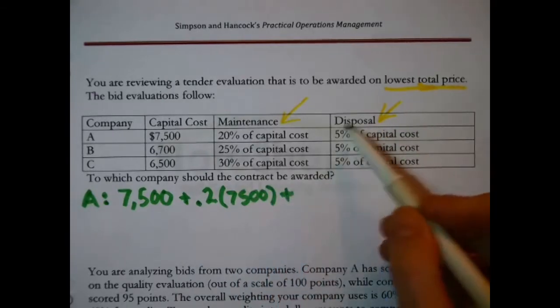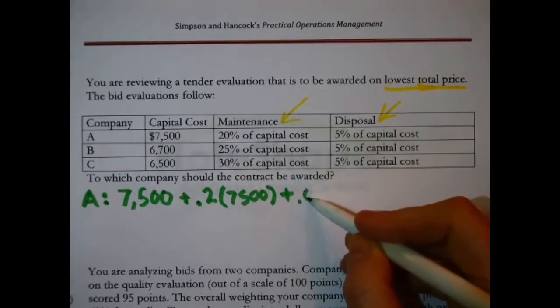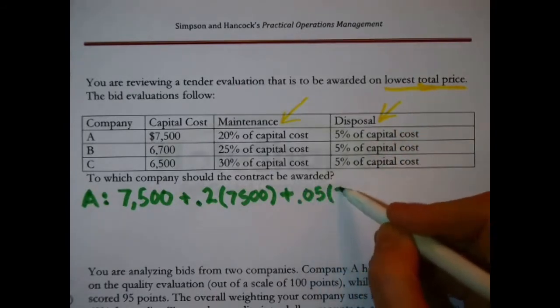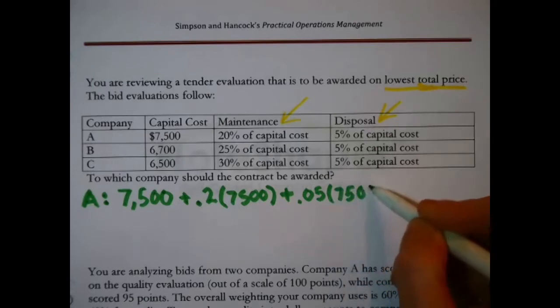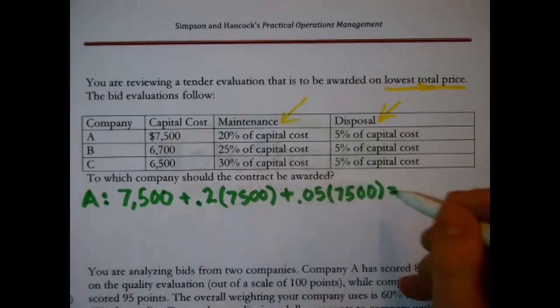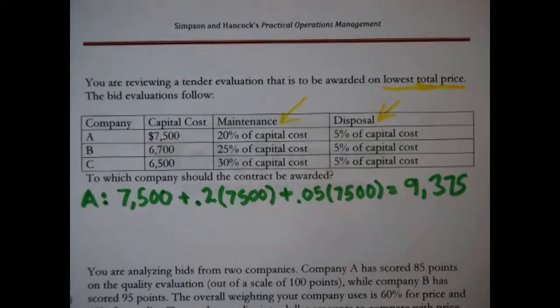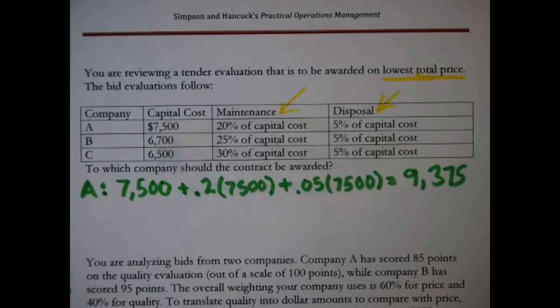And then we want to take into account proper disposal. That's going to be 5% of the capital cost, which for company A's bid is $7,500. I just add these up. This is the so-called total cost. I get $9,375. Now I'm trying to pick between these, so I want to repeat this process.